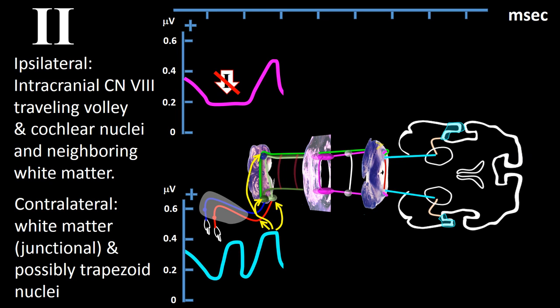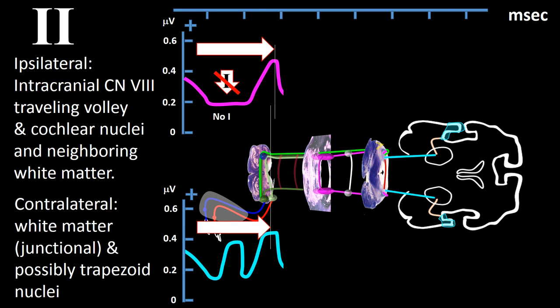The contralateral wave 2 is probably the result of the electrical volley traveling through the trapezoid body, as well as the field produced by the nuclei of the trapezoid body. The absence of contribution from cranial nerve 8 to the contralateral wave 2 makes that wave a bit smaller and more slender than the wave arising from the ipsilateral channels.